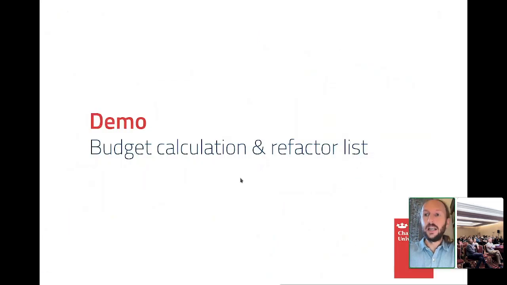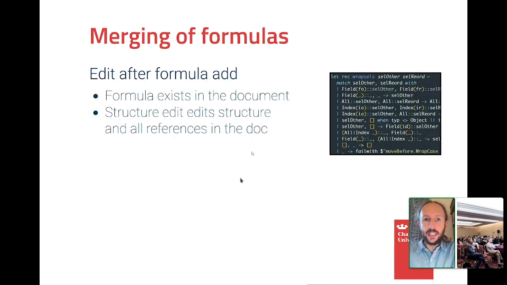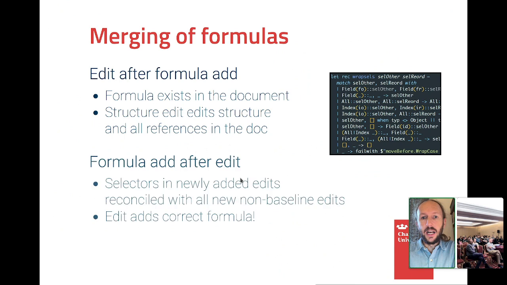So this is an interesting issue where you really have to take account of these formulas in the merging operation. The merging has to be able to handle both the case where you add a formula and then you do some editing in the document that may affect what you need to select in the formula, so then you fix the selectors in the formula.